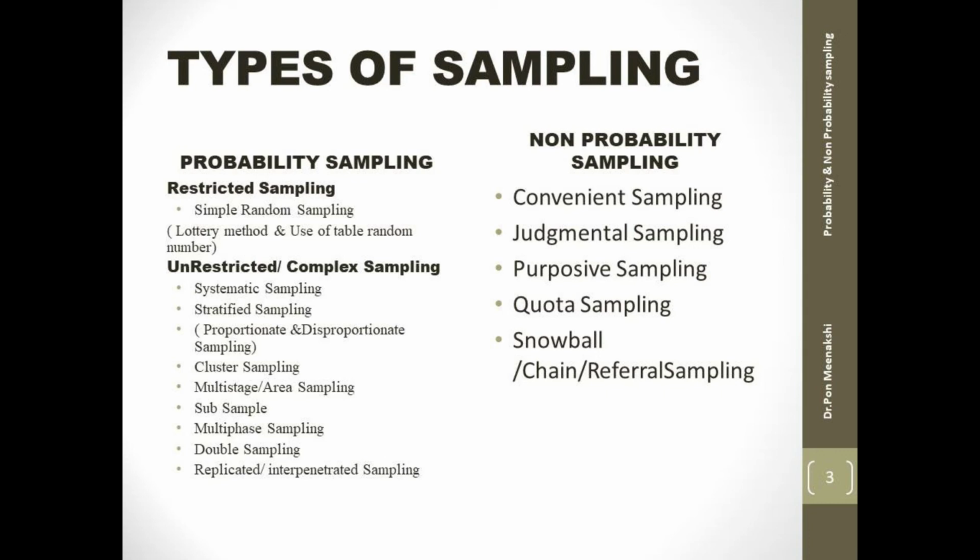Next one is snowball or chain or referral sampling. It occurs as referrals increase. Snowball effect refers to a process that starts from an initial state. I'll give an example. If we are studying self-help group women in a particular area, I know only my area self-help group women. I'm collecting details from them.